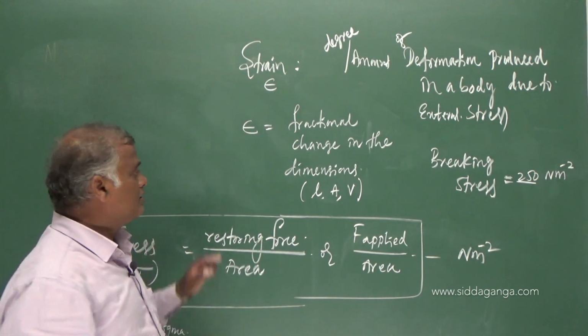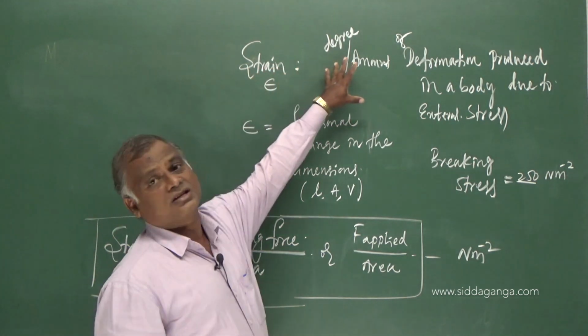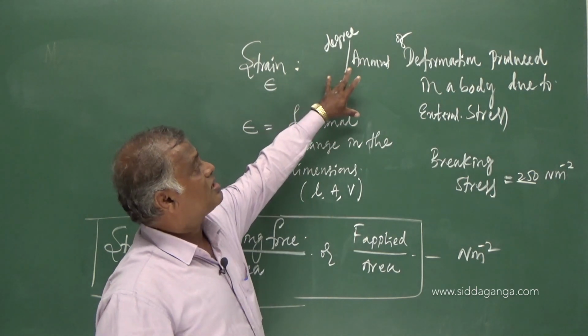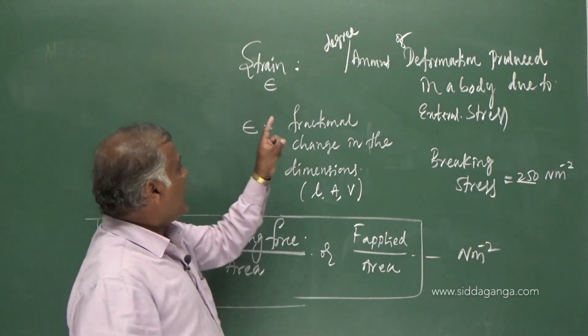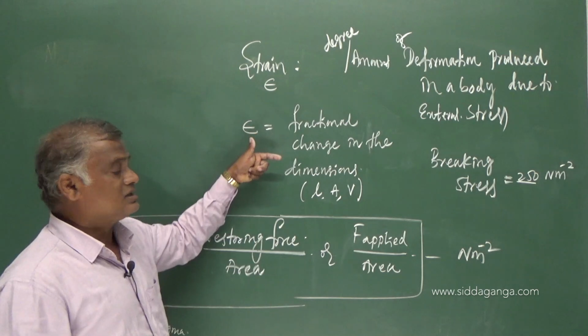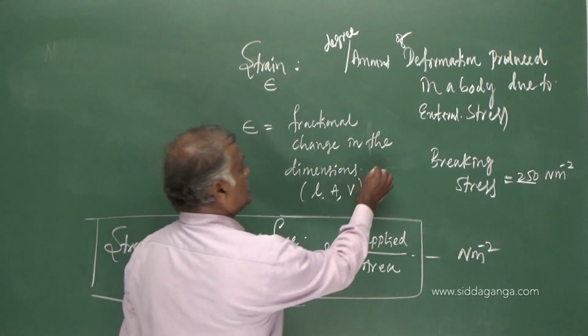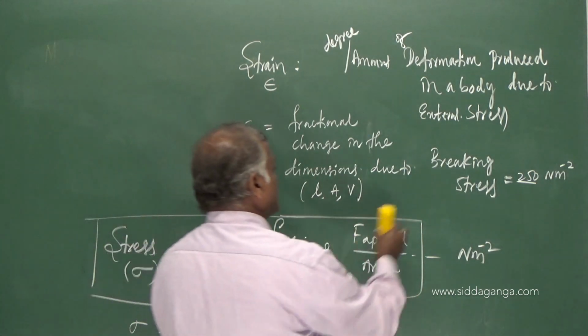Before learning them, this strain, mathematically, is a general definition you can say: degree or amount of deformation produced in a body due to external stress, and it is equal to the fractional change in the dimensions due to external stress.